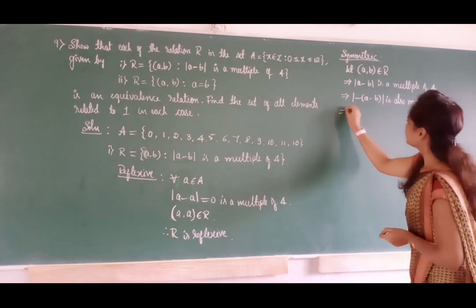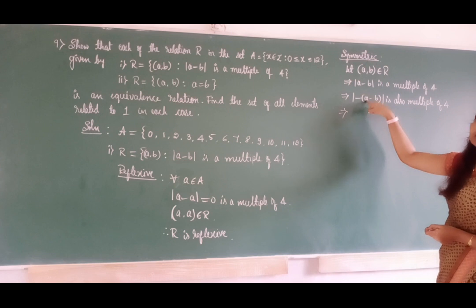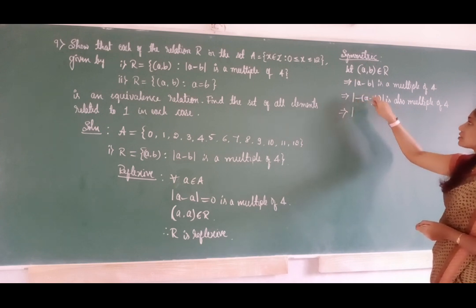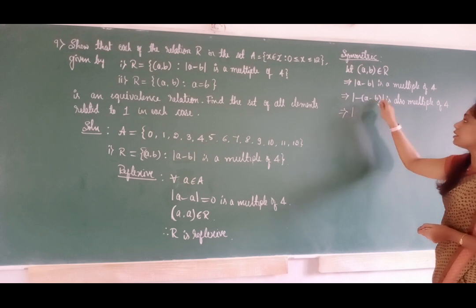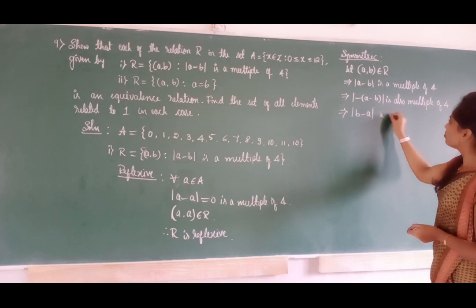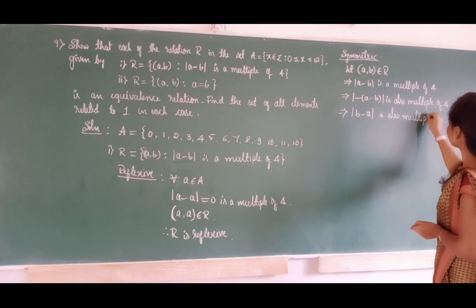Okay. Then, observe here. If you multiply minus to A minus B, what we get? Minus into plus is minus, minus into minus is plus. Plus B minus A. That is, B minus A is also a multiple of 4.